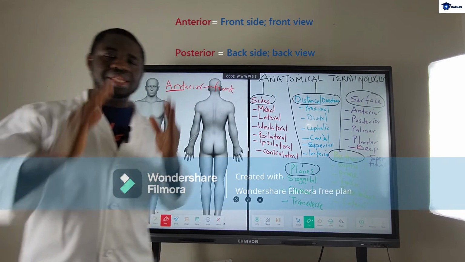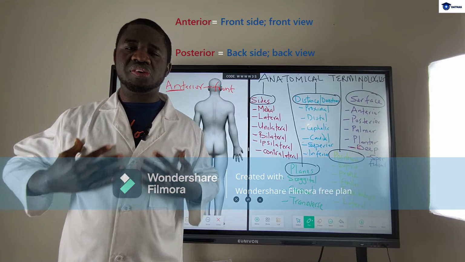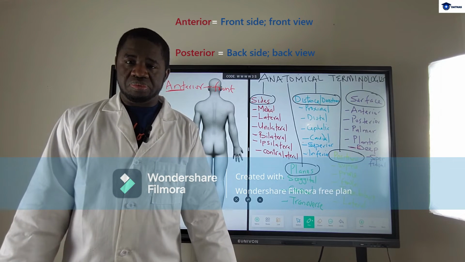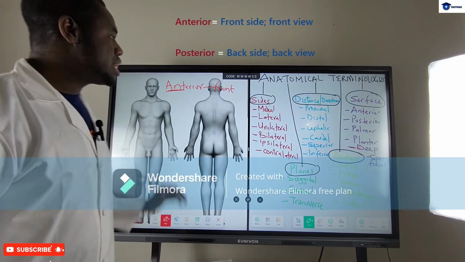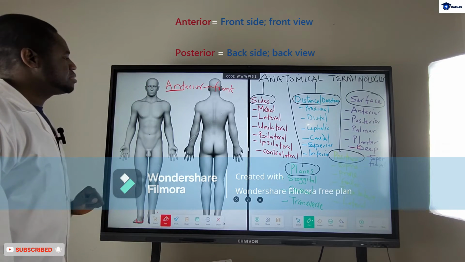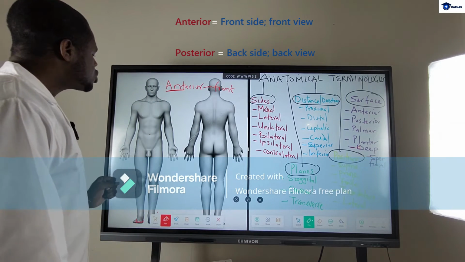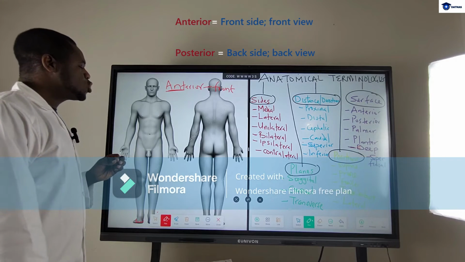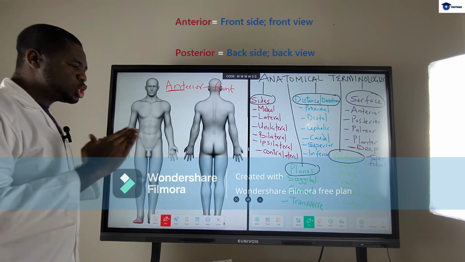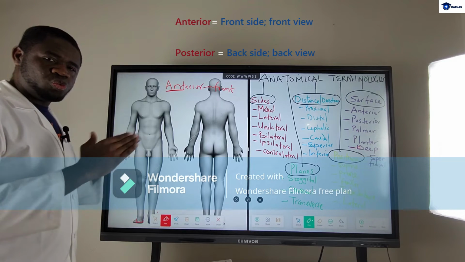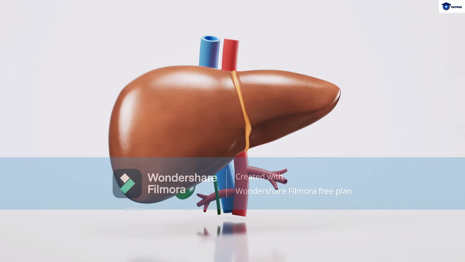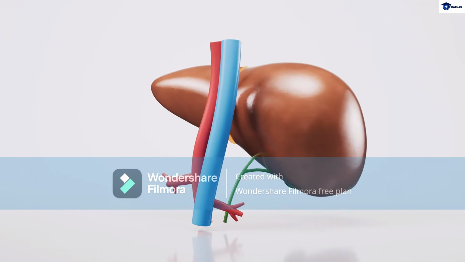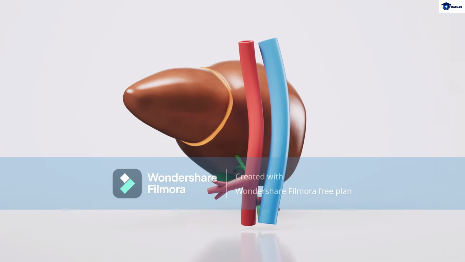For instance, this is my anterior surface. This is my front view. So this is the anterior surface. We can also use anterior terminology to explain the relationship of organs to one another. So anything that lies in front of another organ is anterior.